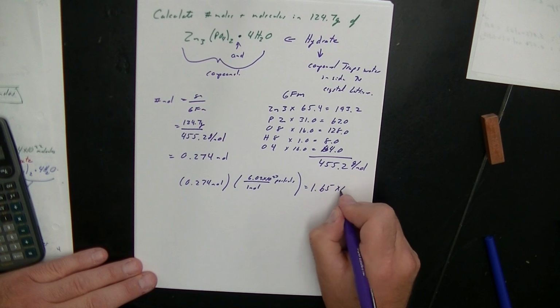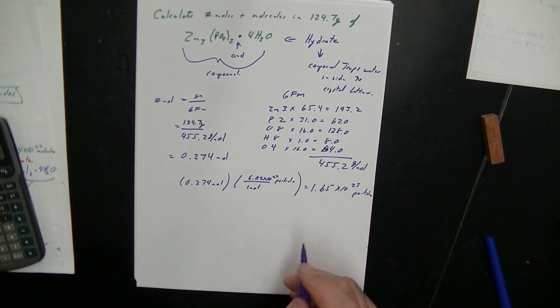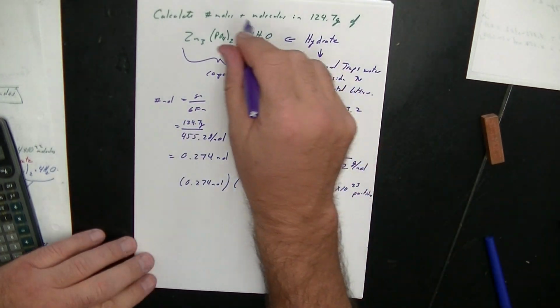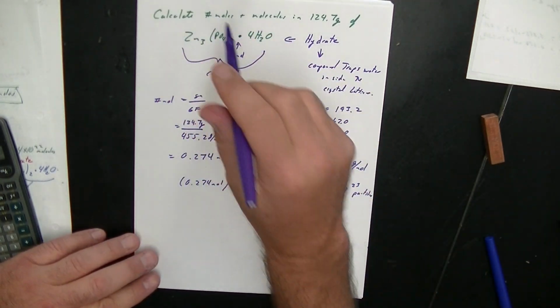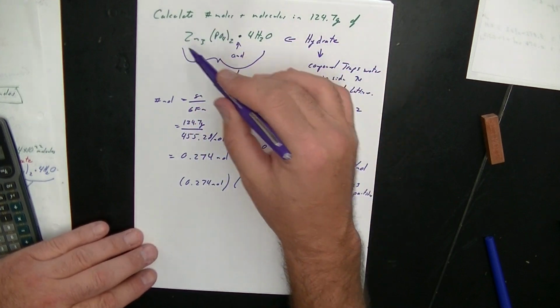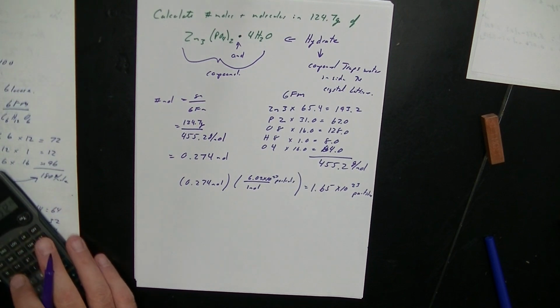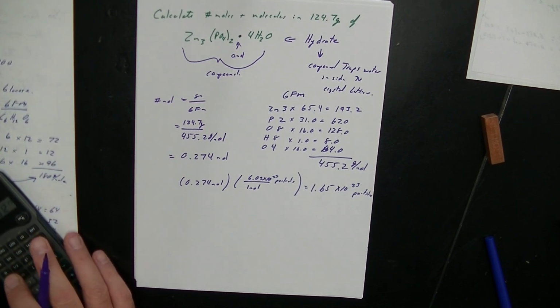That gives 1.65 times 10 to the 23rd particles. Okay, so these are just some typical problems. All right, so make sure you understand what's going on here with this hydrate. Okay, just remember that's one big formula. All right, good. We've done all of that.